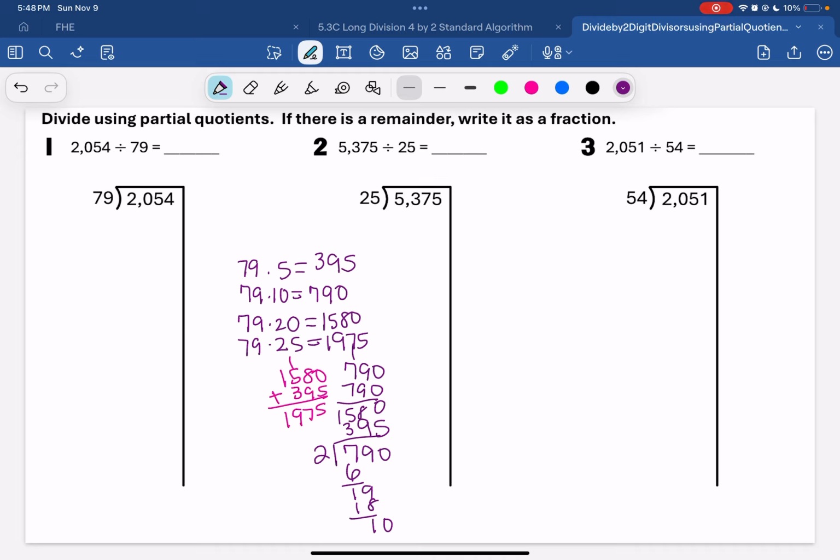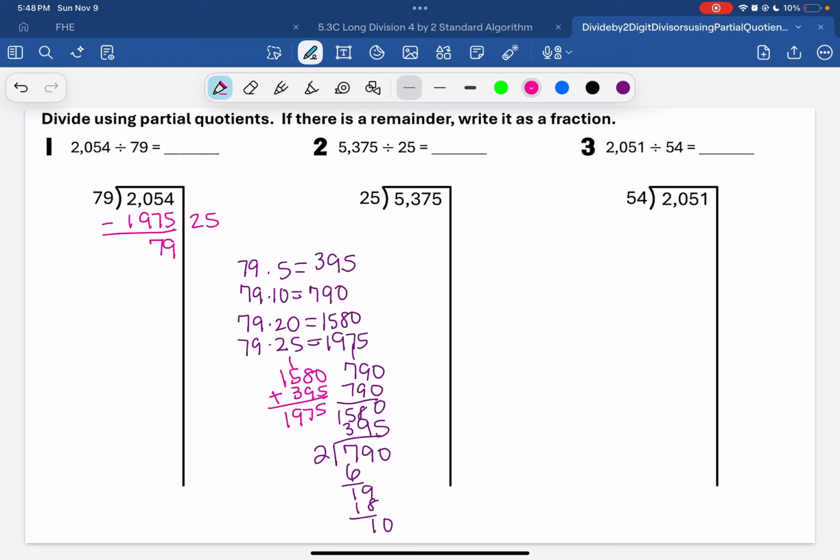I feel like it's more steps, but it's easier steps, at least for students. So now we're going to put 25 to the side because we know that's not the exact answer. And then 79 times 25 is 1975, we're going to subtract that, and you're going to end up with 79.